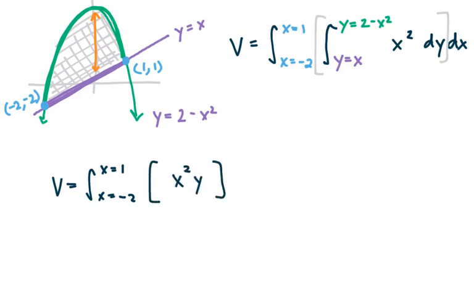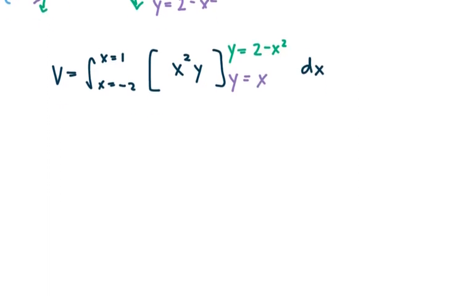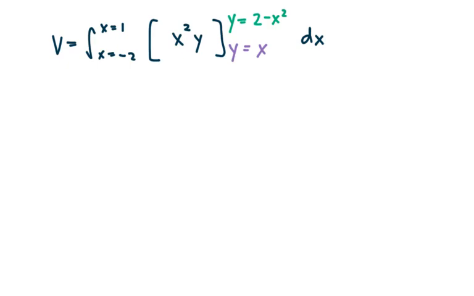And of course we need to deal with our bounds, so we have y equals 2 minus x squared and y equals x. Of course, we're still going to integrate with respect to x after we simplify this expression. So I'm going to plug in 2 minus x squared for y, and I'm going to plug in x for y.